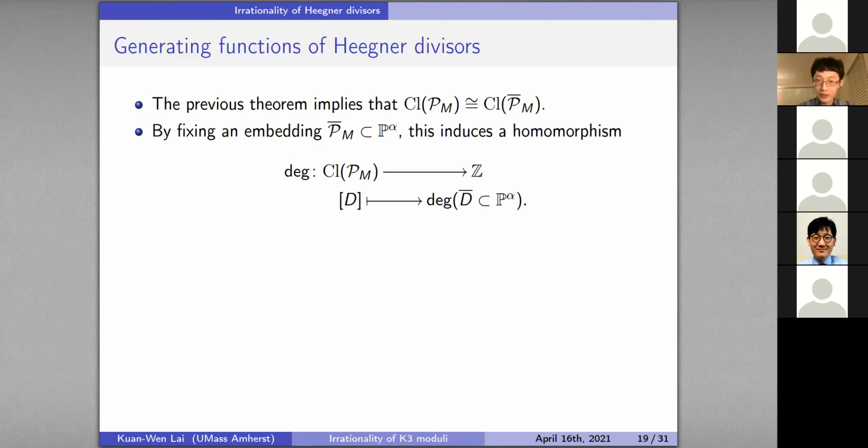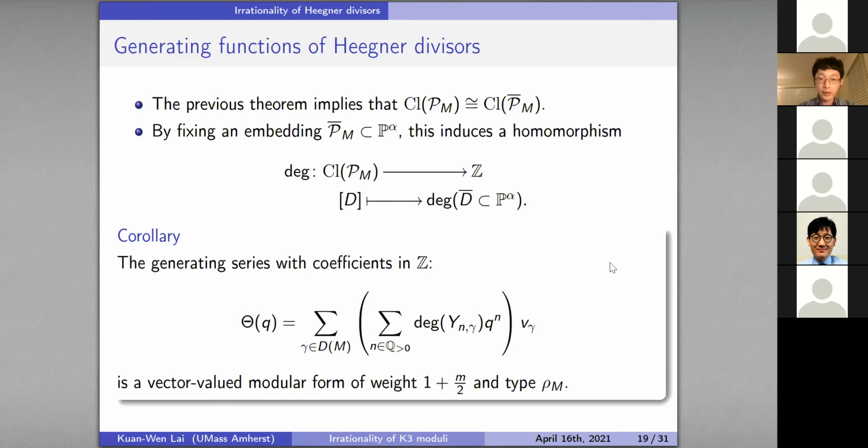It's a degree function, so you can talk about degrees of elements in the divisor class group in a good way. Okay, it's well defined. This homomorphism is defined by taking a divisor to the degree of its compactification in this chosen projective space.